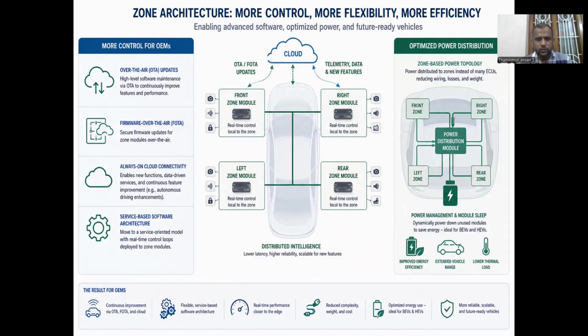Real-time performance closer to the edge, and reduced complexity, weight and cost. Optimized energy use, ideal for battery electric vehicles and hybrid vehicles. So a more reliable, scalable and future-ready vehicle.